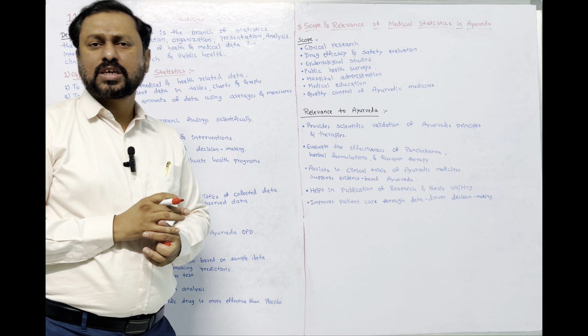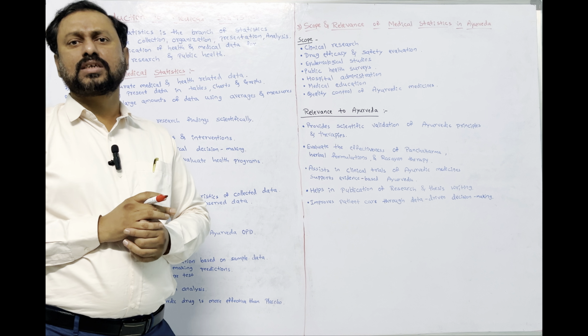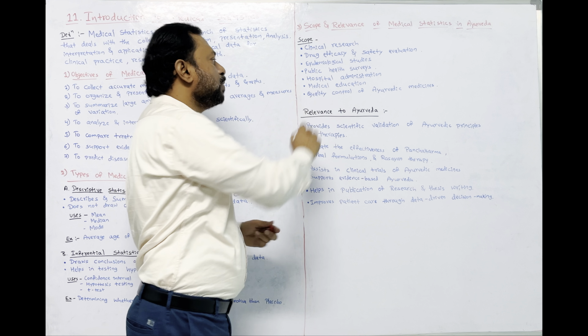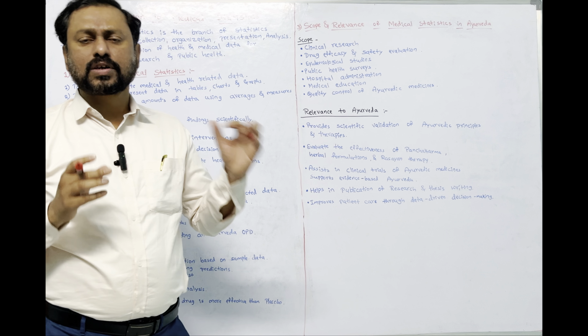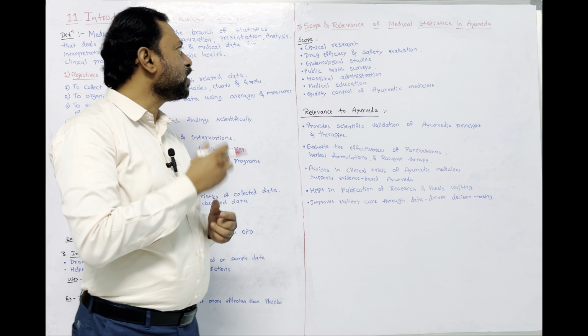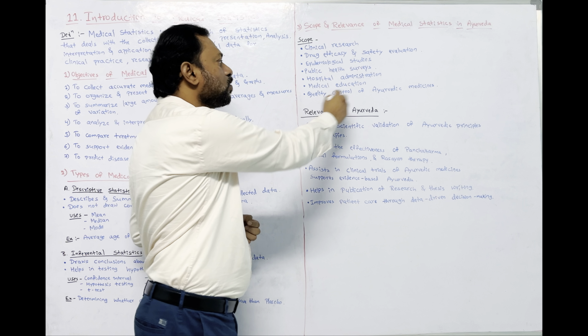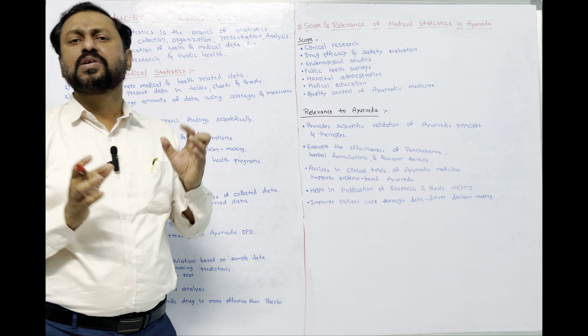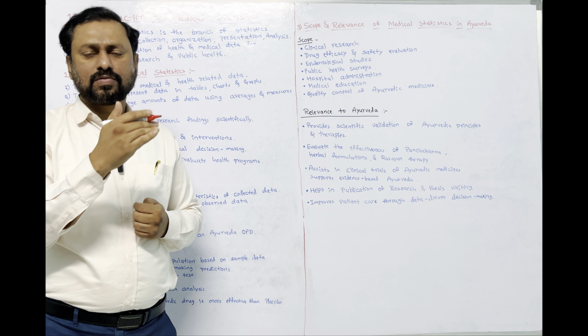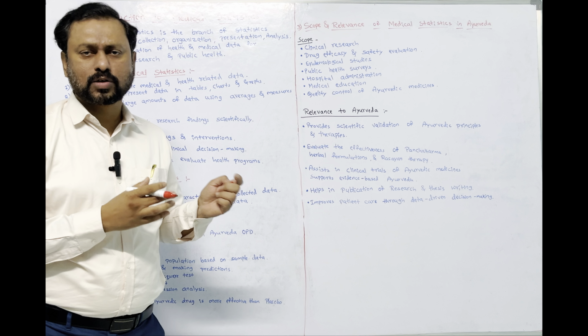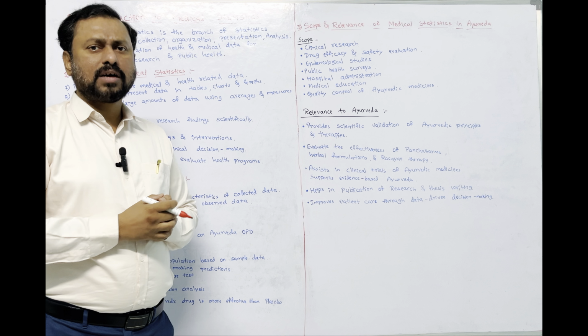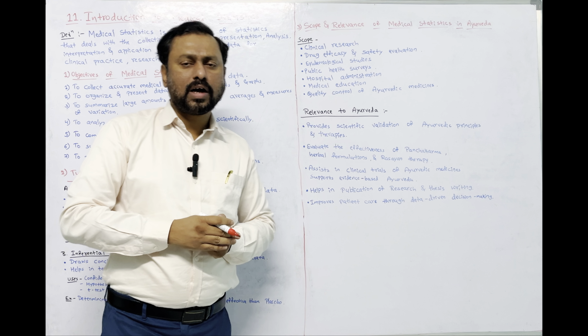At the time of administration of the hospital, medical statistics is required. The next one, medical education; for education purposes we use medical statistics. Next one, quality control of Ayurvedic medicines. For preparing good quality drugs, there also we have to use medical statistics. This is about the scope of medical statistics.